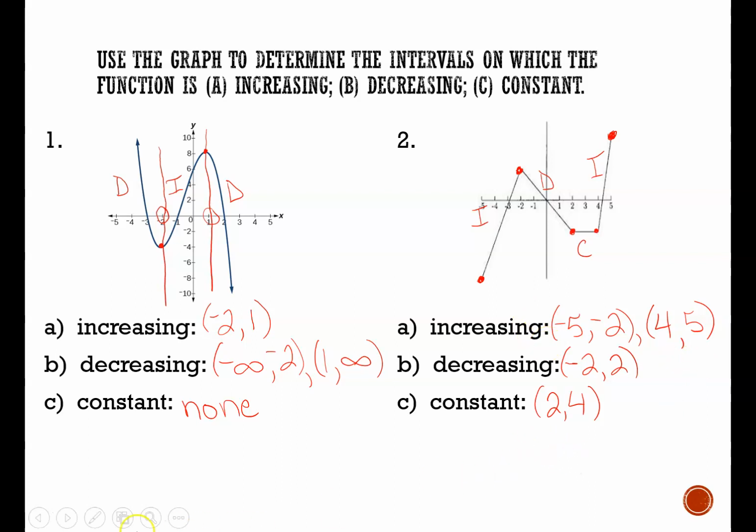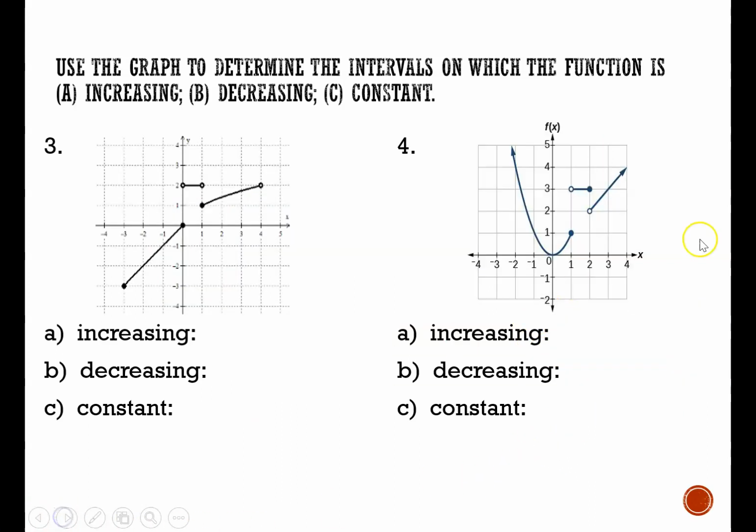Okay, we're going to go ahead and practice a couple more. These graphs look a little different than the first two because they have breaks in them. They are actually called piecewise functions, and we will talk more about those in the second video. But as far as the graphs go, even though the pieces are not connected, it still picks up at the last x value.